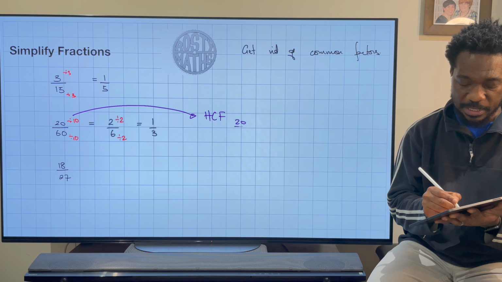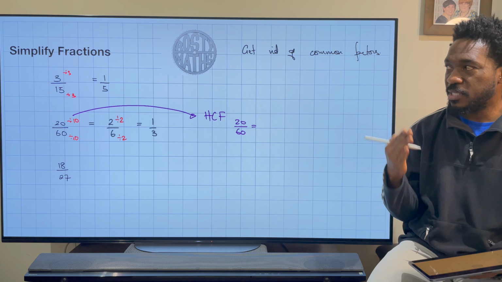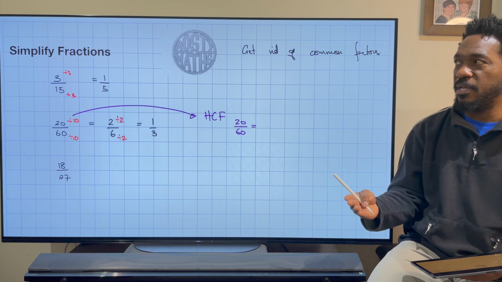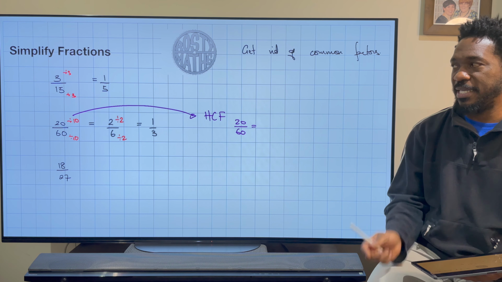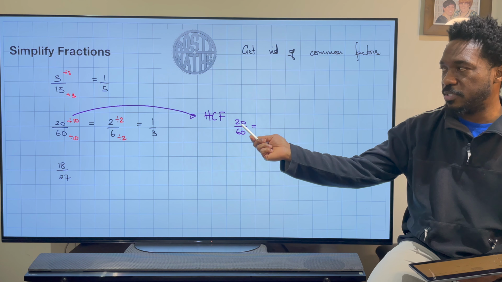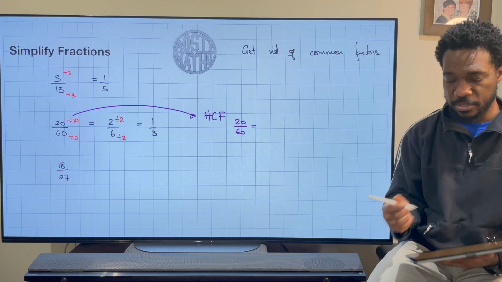So I've got 20 and 60. What's the highest common factor of 20 and 60? What's the biggest number that goes into both 20 and 60? Well, 20 does, because 20 goes into itself and it also goes into 60.